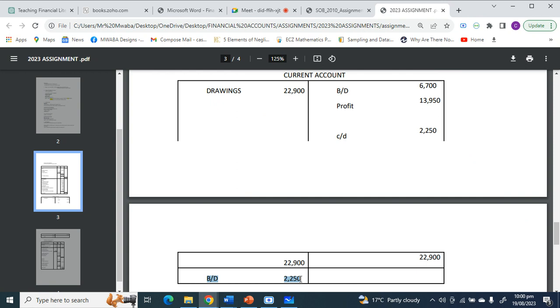It's usually partnerships that use current accounts, to keep the capital account fixed. But even you as a sole trader, if you say I want my capital account fixed, you can bring in the current account.